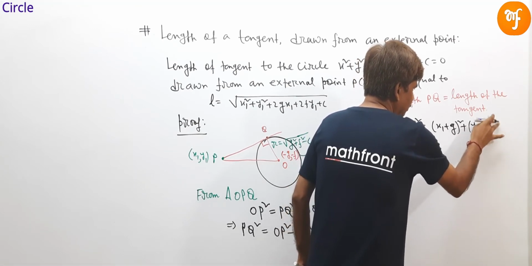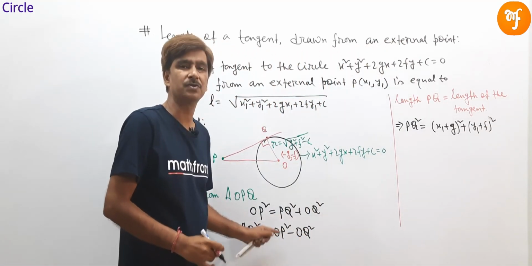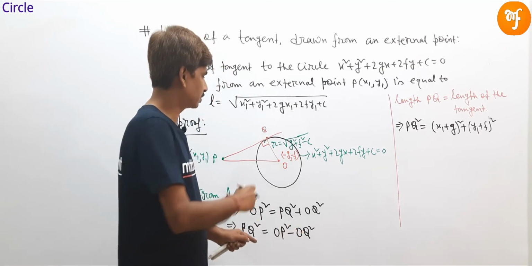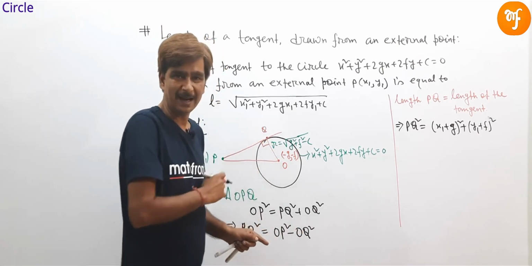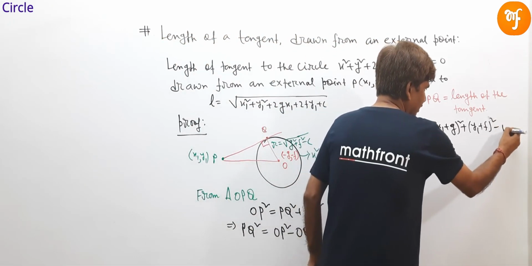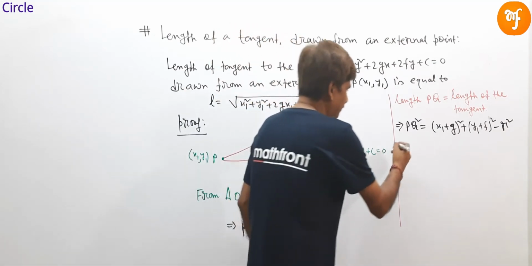No need to write the square root as we have OP square here, so the square root will vanish. Minus OQ square. What is OQ square? OQ square is nothing but R square. So minus R square. Clear? So let's simplify it.